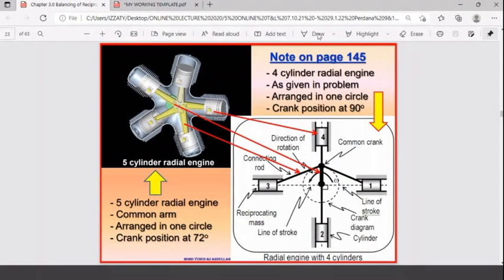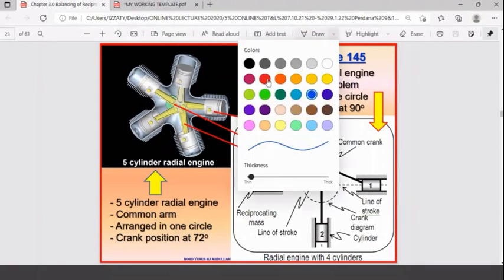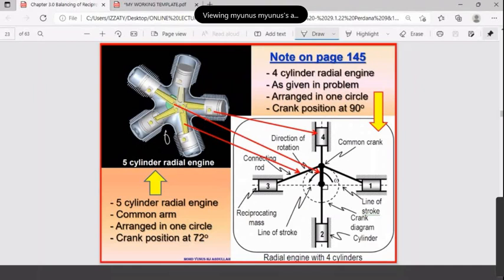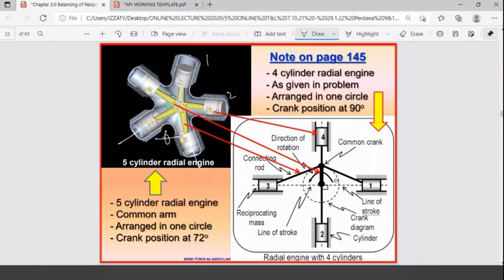Theta is the equi-angle. This theta is not the crank angle. This theta is the space between cylinder number 1, number 2, number 3, number 4, perhaps.